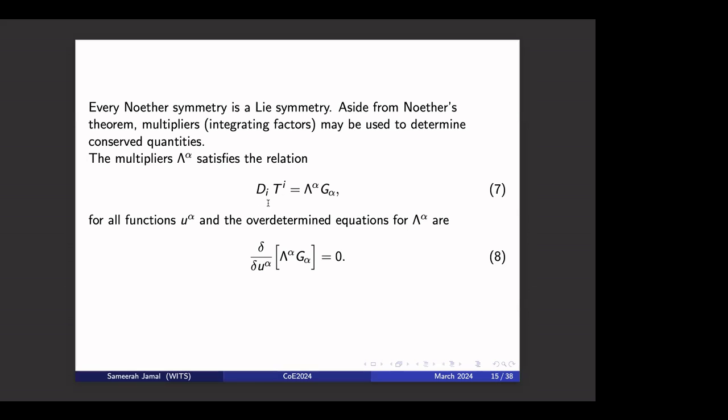So you can see the conservation law, part of it is on the left, and on the right you have your multiplier multiplied by your given equation or system.